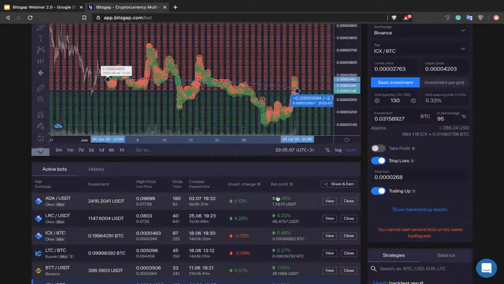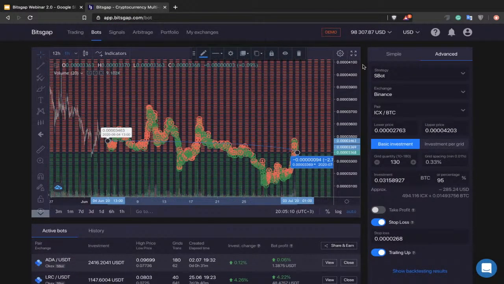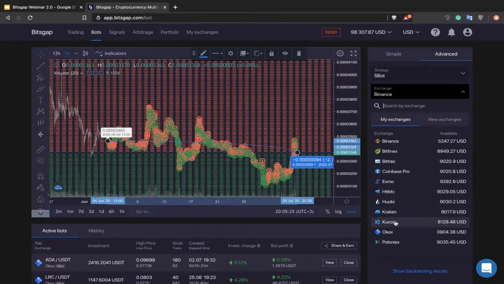Now let's come back to the Bitsgap platform, and I will show you some other examples. Let's say instead of trading Binance, I want to launch the SBot on, let it be KuCoin.